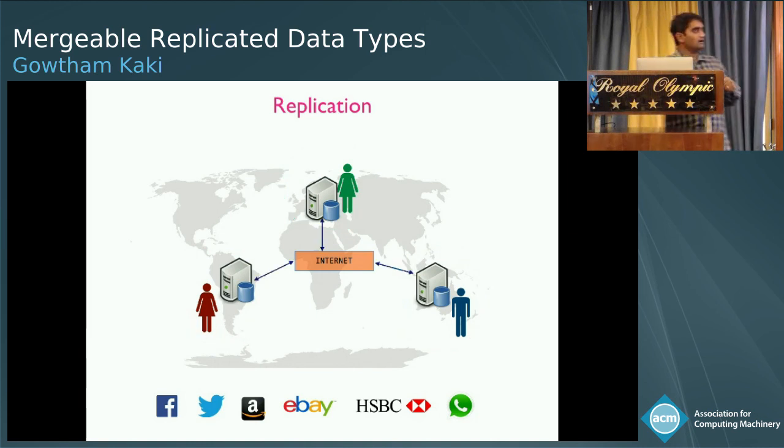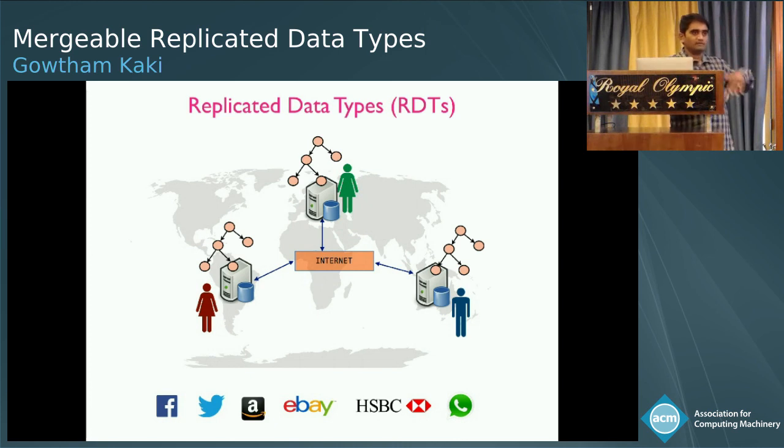Just as a normal, centralized application is organized in terms of various data structures, you can think of a replicated state, decentralized application as organized in terms of various data types, which are essentially objects of replicated data types.